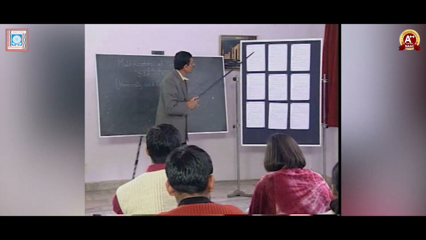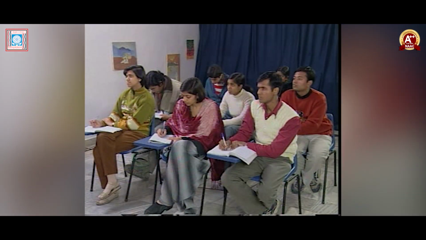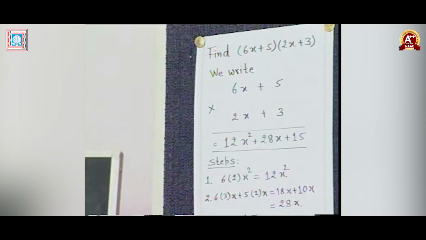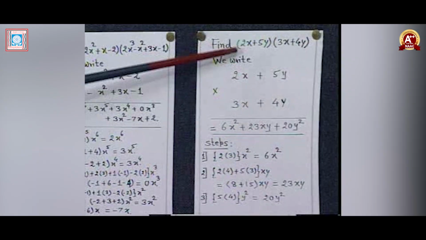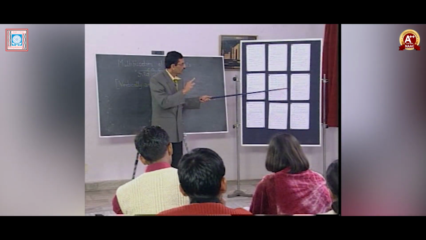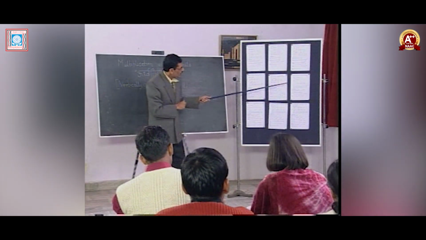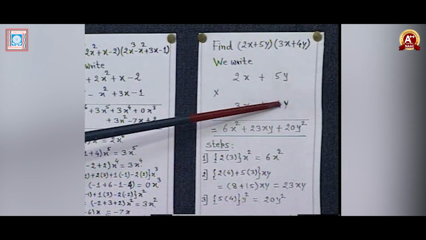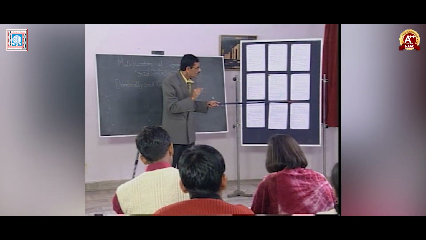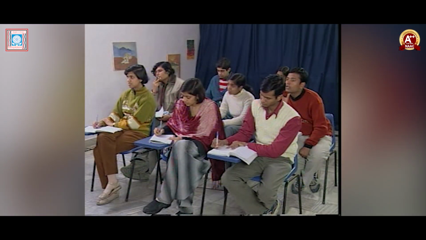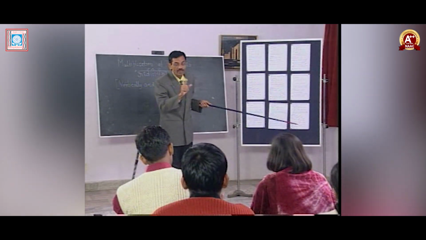As usual, here also just come to the first example, and that will be the easy one. 2 into 3, 6x square as it is. Now the first cross. First cross means 2 into 4, 8, plus 5 into 3, 15. So total becomes 23. But it will not be x square. It will not be y square.